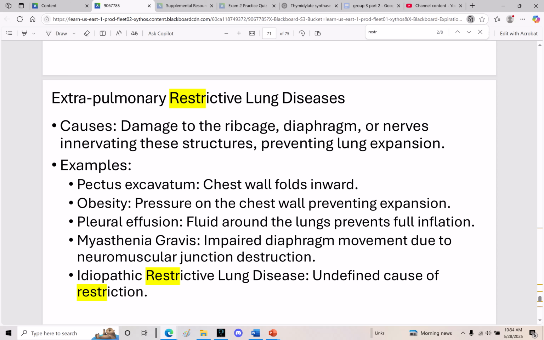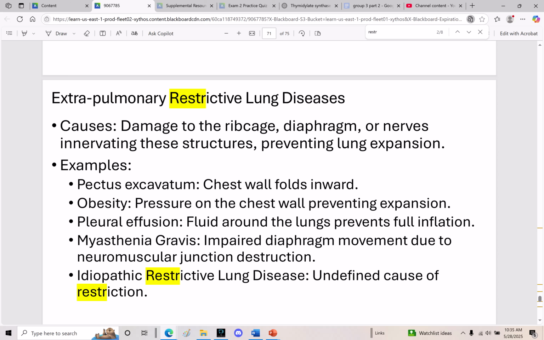So there are certain people who suffer from certain diseases like myasthenia gravis, they have certain enzymes that are destroying acetylcholine prematurely. And as a result, that neurotransmitter is not allowing for the muscle to contract, okay? It's going to be your myasthenia gravis. So basically impaired diaphragm movement due to the neuromuscular junction destruction, right?